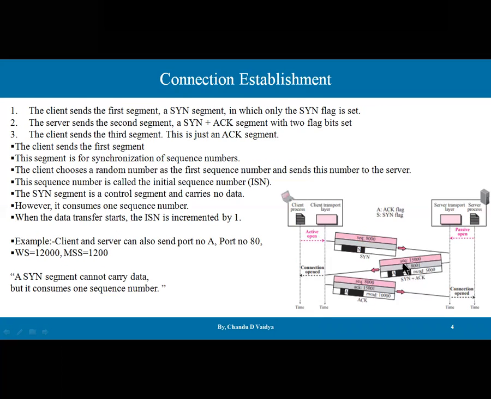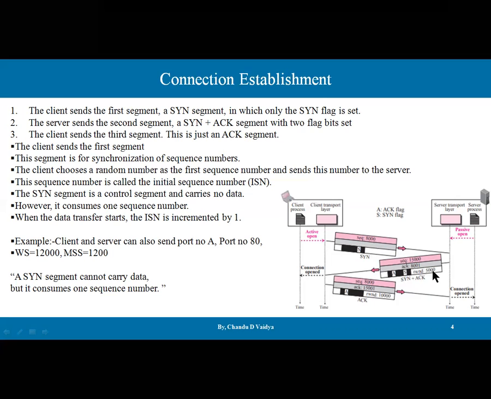Here the server has selected a sequence number, let's say 15,000. The acknowledgement number is 8,001, because the sequence number initially sent by the client was 8,000, so the acknowledgement to that is 8,001. Apart from this, we have the receiver window size, that is 5,000. The acknowledgement and the SYN flag are also set. So to this request, SYN plus acknowledgement is sent by the server to the client.